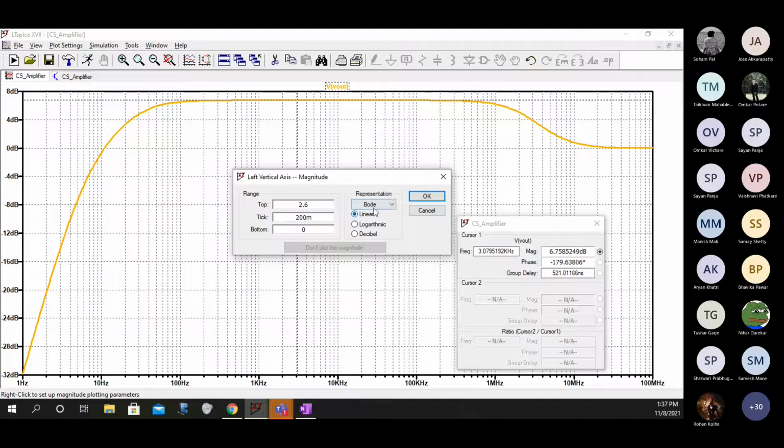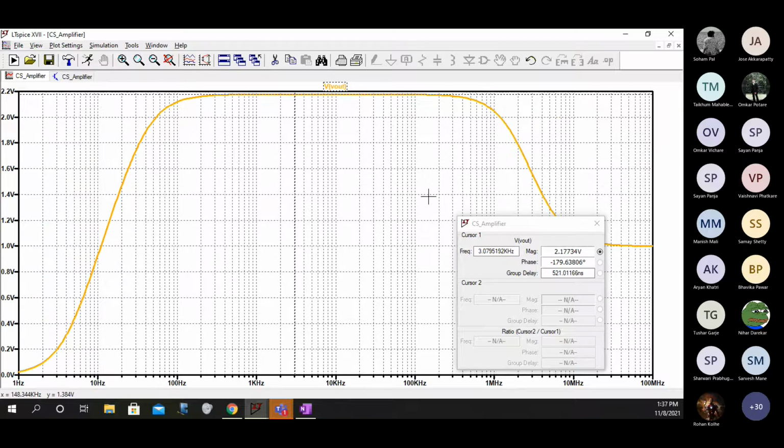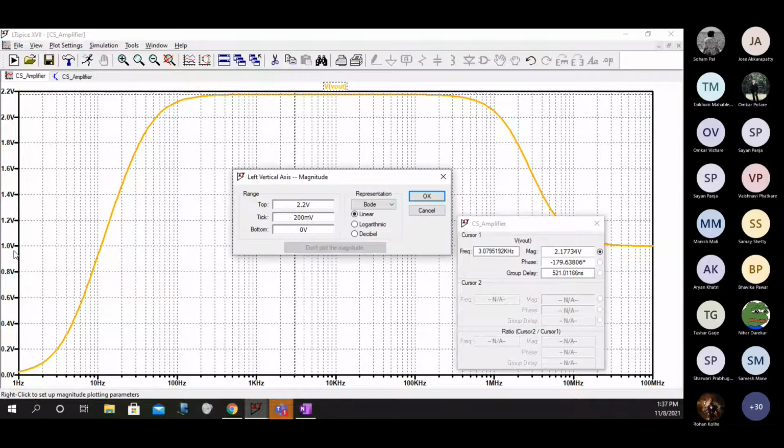See, I'm making this linear. And I will get the value of the gain, that is 2.177234. Did you get what I did? So every now and then you should not calculate. You can just see it from the graph itself.